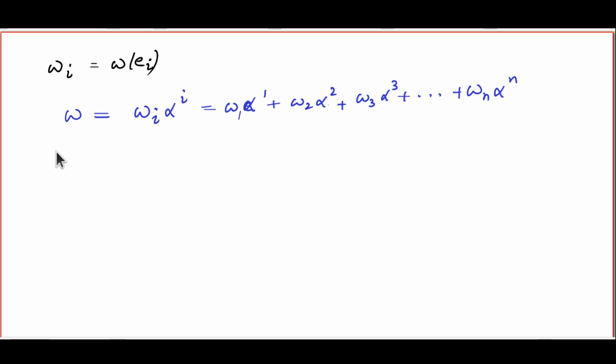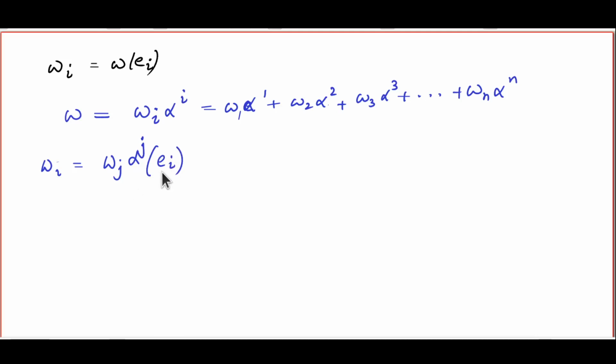Well, all you need to do is to fall back on this result that omega_i is nothing but omega acting on the ith basis vector of the original vector space. So using that, what we get is omega_i is omega, which is omega_j alpha^j in our definition here, acting on the ith basis vector e_i.